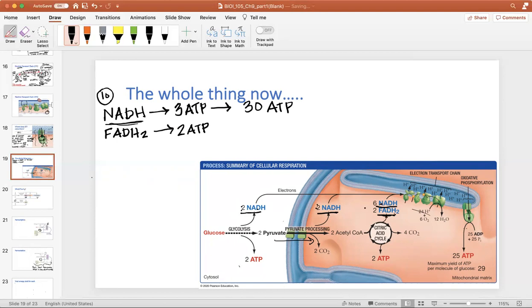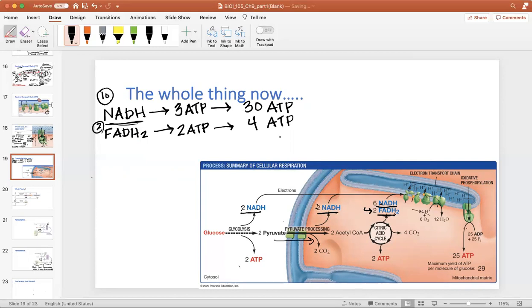Now, we got 2 FADH2 from our citric acid cycle. So 2 times 2 means that using these high energy electron carriers from 1 molecule of glucose, we get 4 additional ATP.